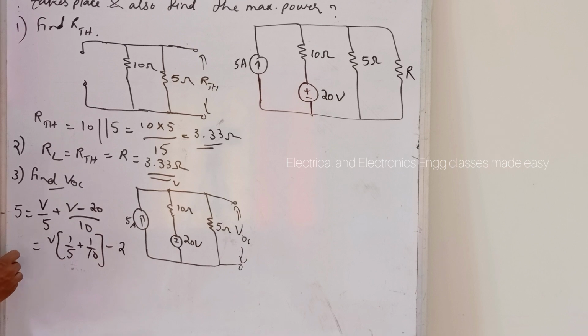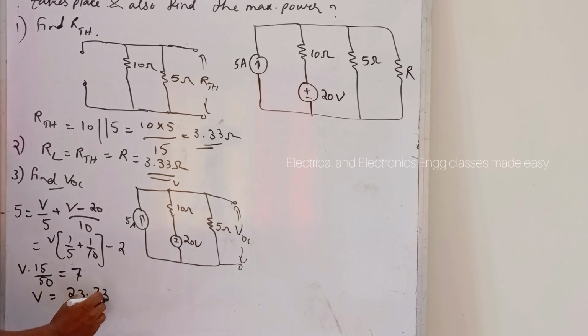So we can write V into 15 divided by 50 equal to 7. So we get V is equal to 23.33 volt, and this is the VOC.